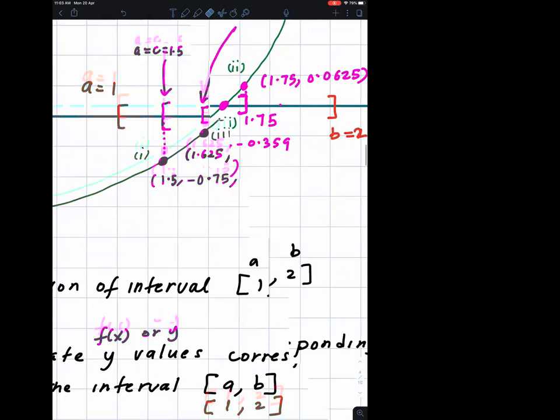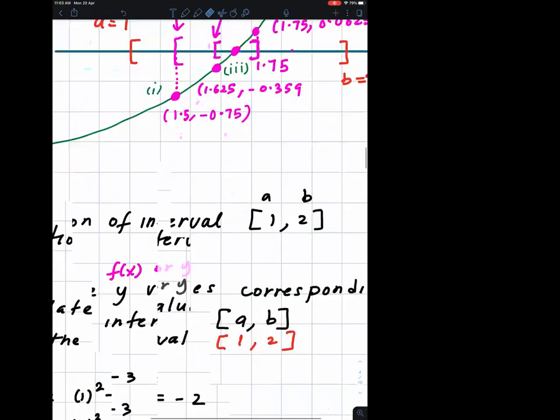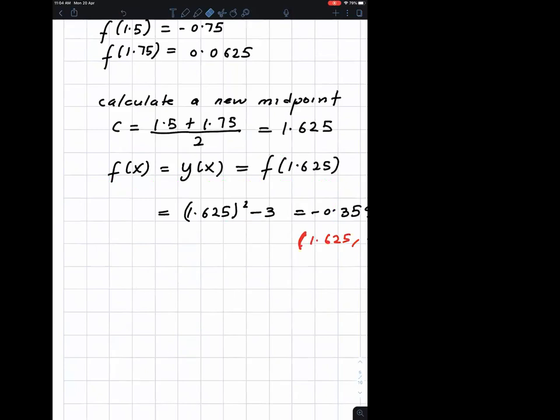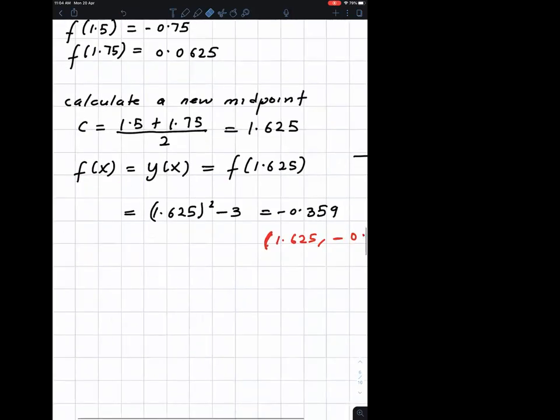So since it is below the x-axis, are we going to update the b value or the a value? A value, sir. Okay, the a value.